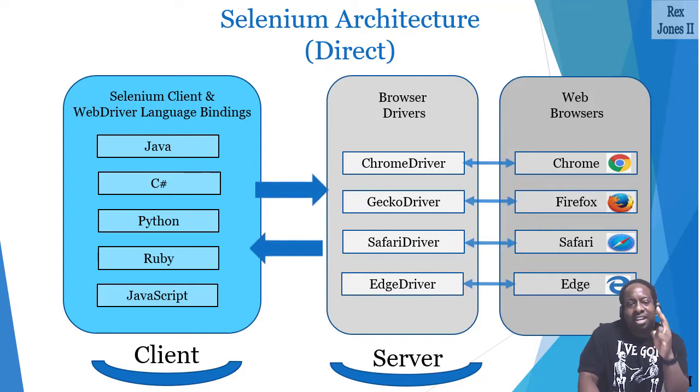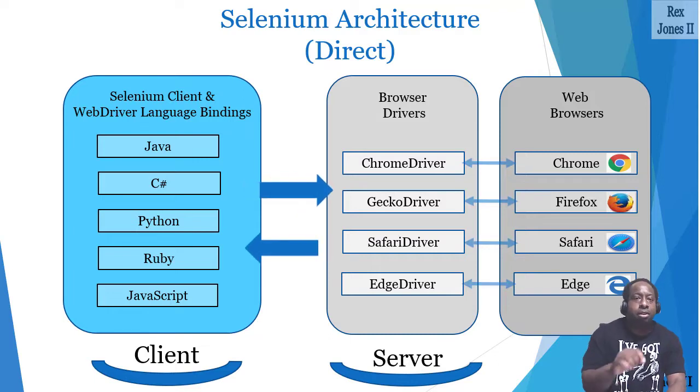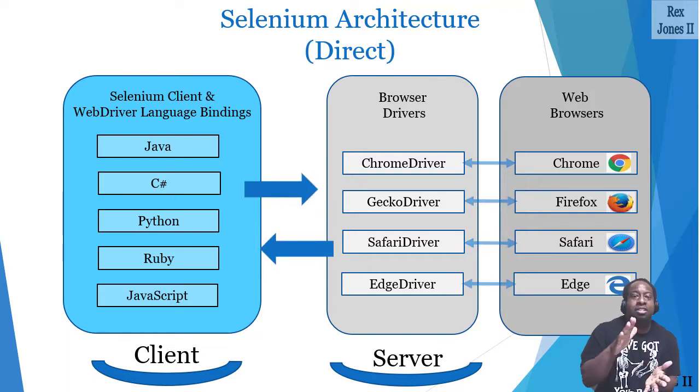The second advantage is stability. I believe backward compatibility is the main benefit of stability. Per Simon Stewart, they are fully aware that some people will want to use the old JSON wire protocol.